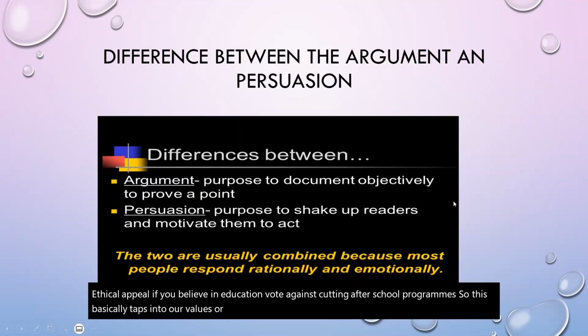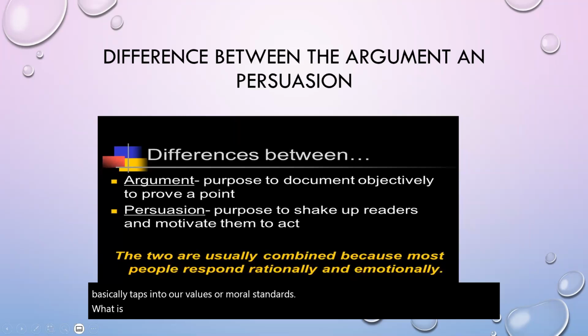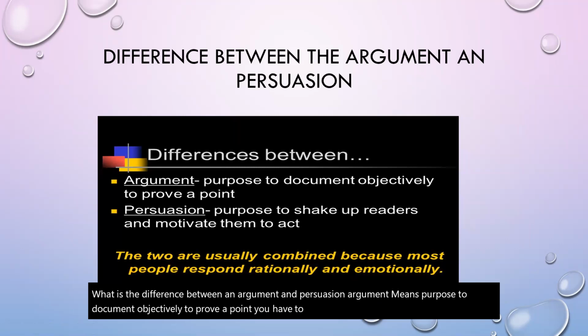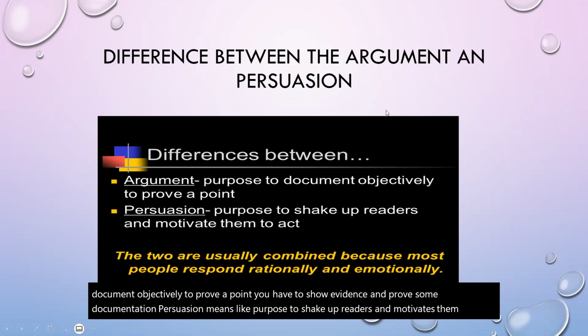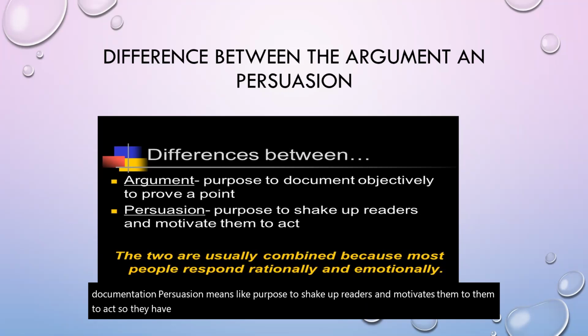What is the difference between an argument and the persuasion? Argument means purpose to document objectively to prove a point. You have to show evidence and prove some documentation. Persuasion means like purpose to shake up readers and motivates them to act. So they have to take an action to solve the problem or the issue.